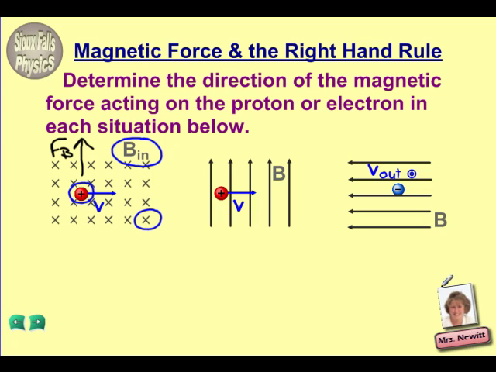One final check that you can use to make sure that you have at least narrowed down the direction correctly is to remember that we have three quantities in magnetic force problems that all must be perpendicular to each other. So that means we need to be using all three axes. If I check our problem here, we initially had velocity in the x direction, that was to the right.